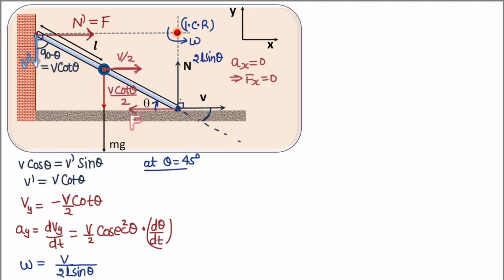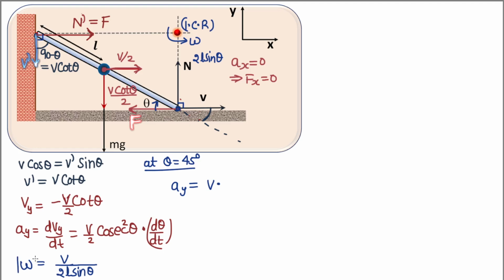Now let's plug in all the values, that is theta equal to 45 degrees. So of course, Ay for theta equal to 45 degrees will become V by 2. Cosec square 45 will become 2, so this will actually become V into d theta by dt, and d theta by dt will basically be equal to minus omega.